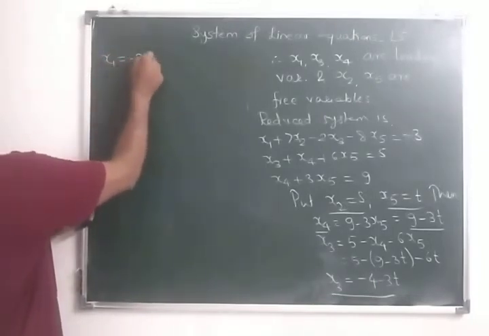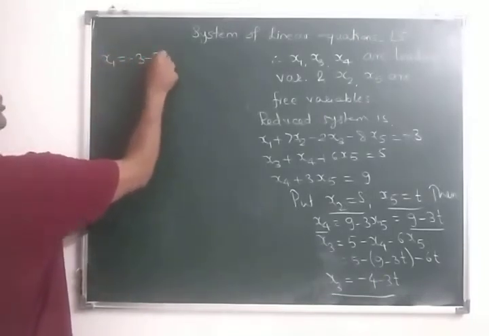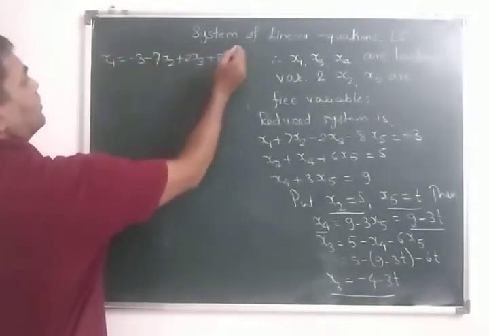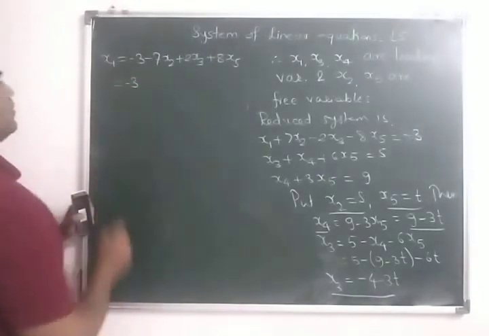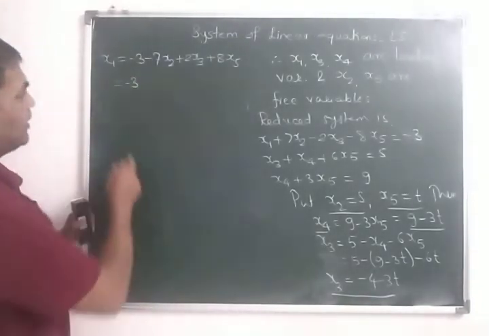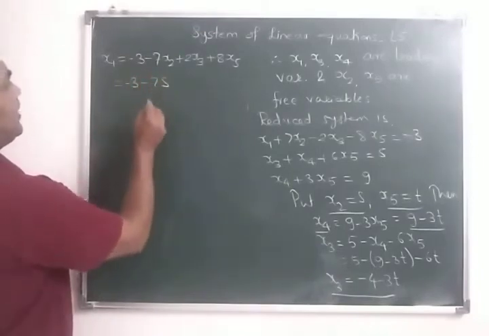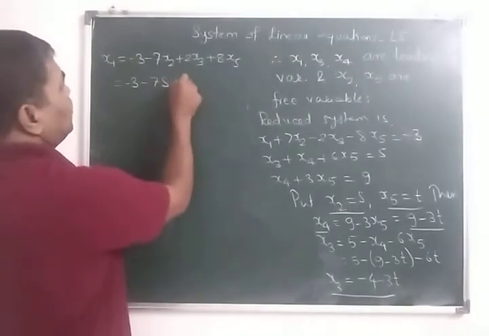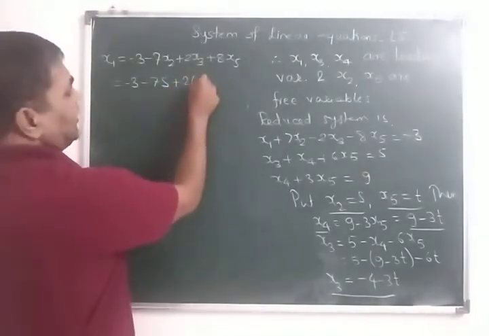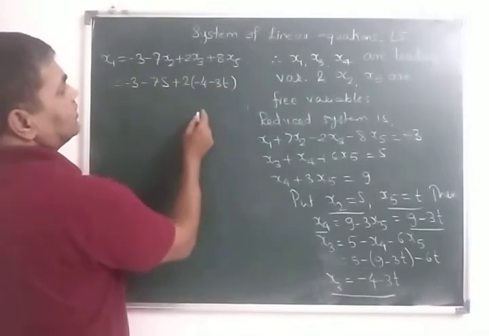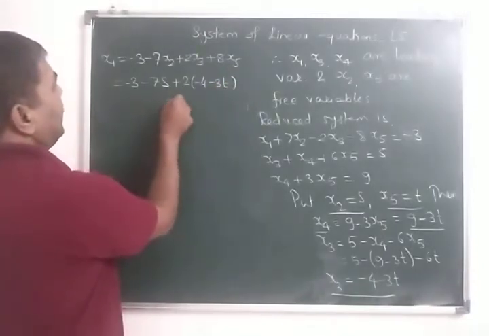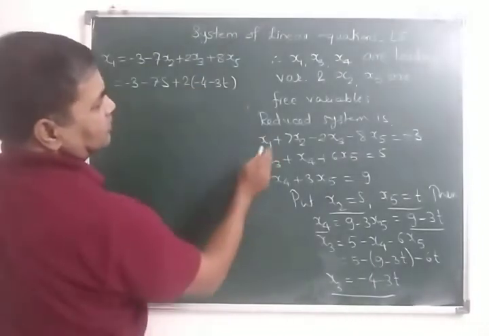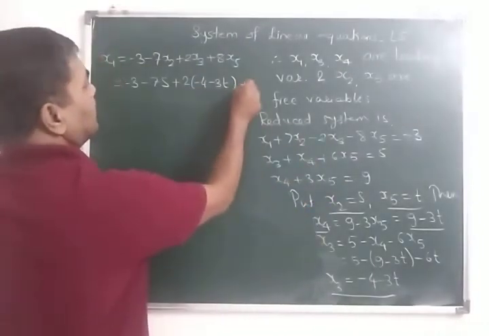From the first equation, x1 is equal to minus 3 minus 7x2 plus 2x3 plus 8x5. Now here I will substitute the values: minus 3 minus 7 times s, minus 7s, plus 2 times x3, which is minus 4 minus 3t, plus 8 times x5, which is t, plus 8t.